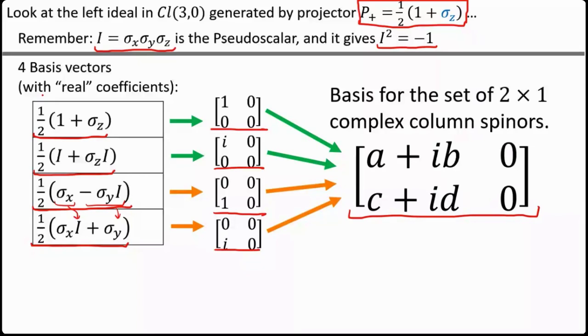Either one works. And this makes sense because P plus was this matrix, and it gave us stuff with a 0 second column. The only difference is that this has complex numbers here, so it's 4 real parameters or 2 complex parameters.